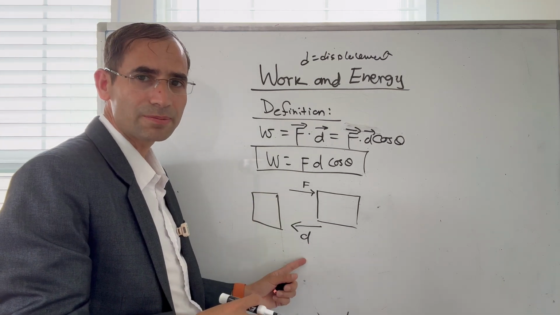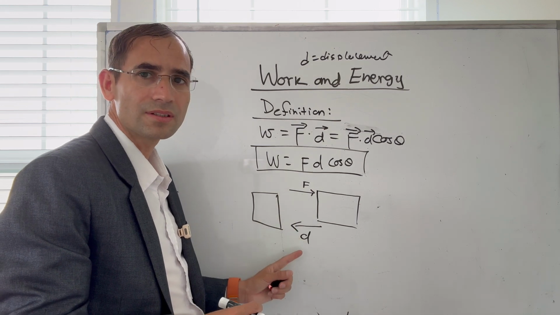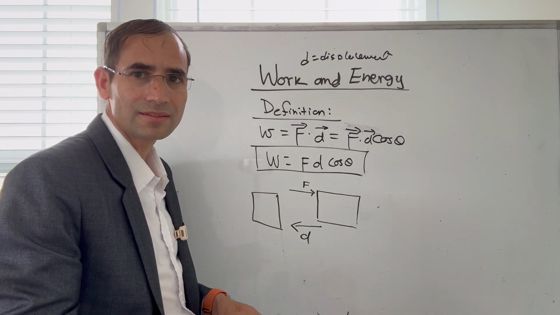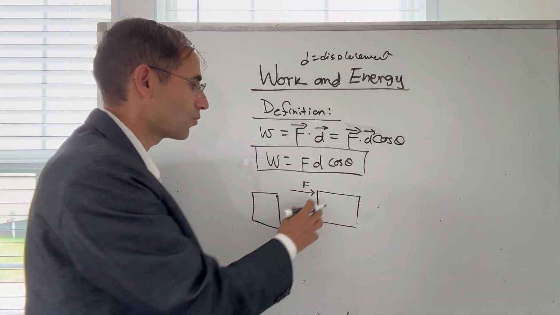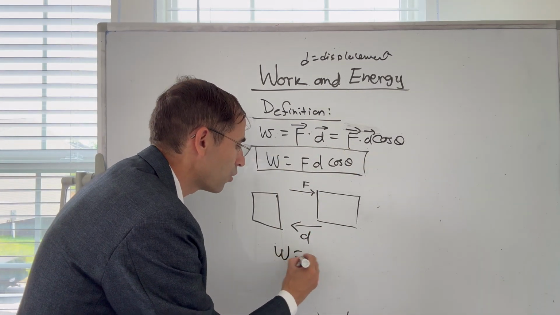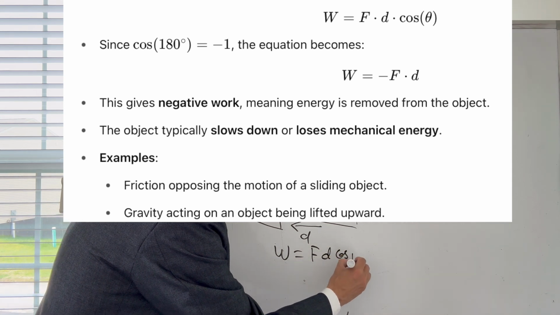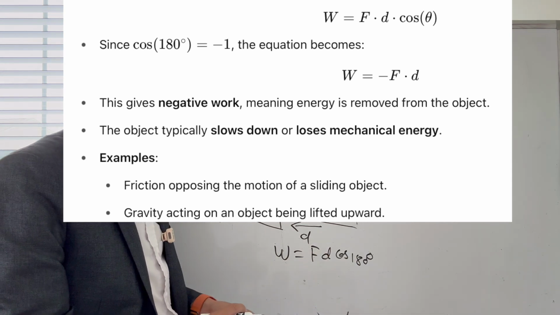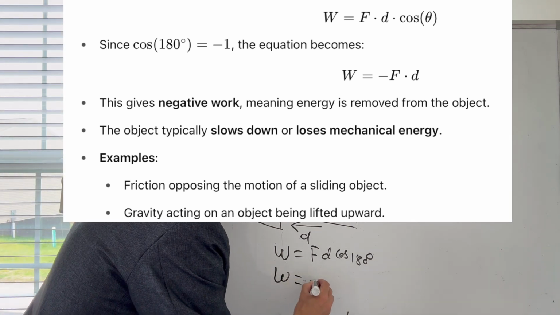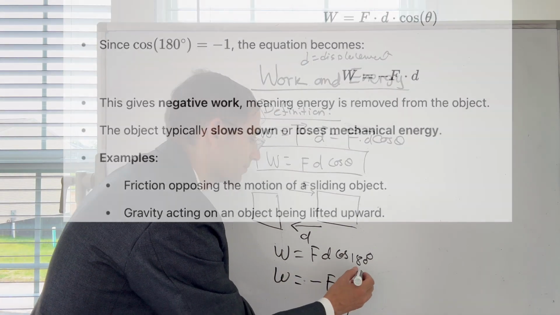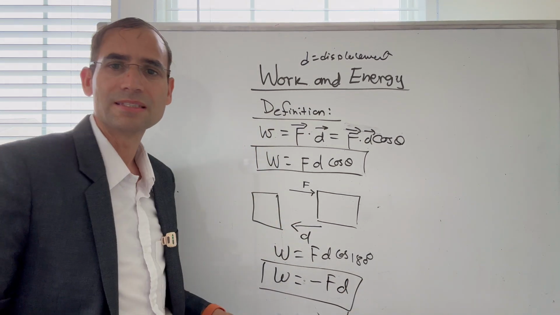Then force and displacement are in opposite directions, so the angle between them is 180 degrees. In the previous case it was 0 degree, here it is 180 degrees. F d cosine of 180 degrees, and cosine of 180 degrees is minus 1, so the work done is minus F d. Then negative work is being done.